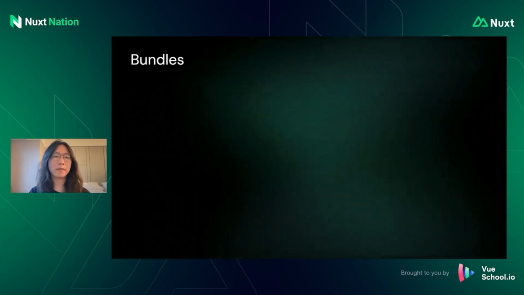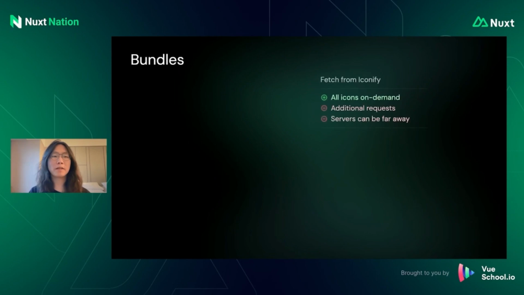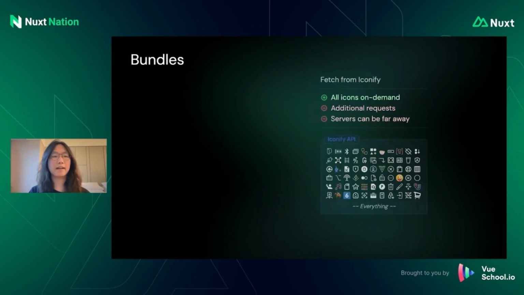Then let's talk about dynamic icons and how we can optimize their loading. For dynamic icons, we can use Iconify's API, which serves any icons on demand through network requests. The downside is that those APIs might be far from our users, causing some delays in rendering the icons.